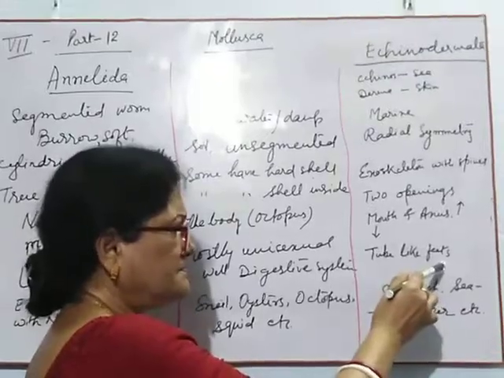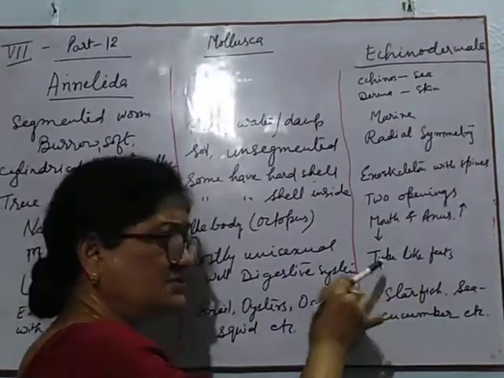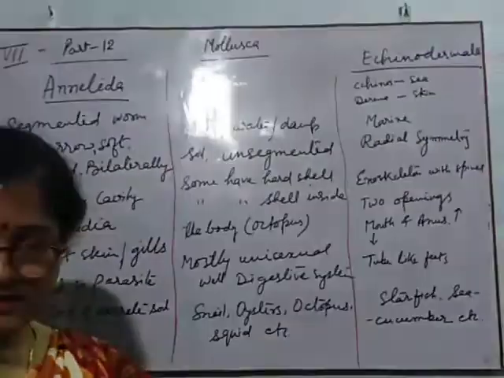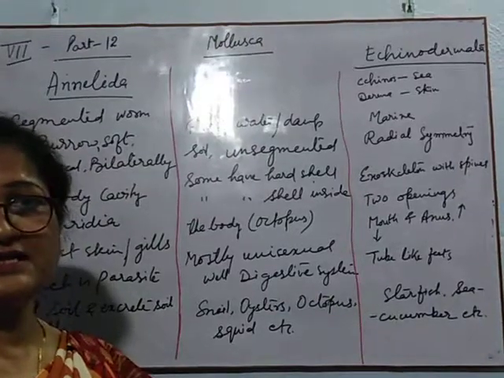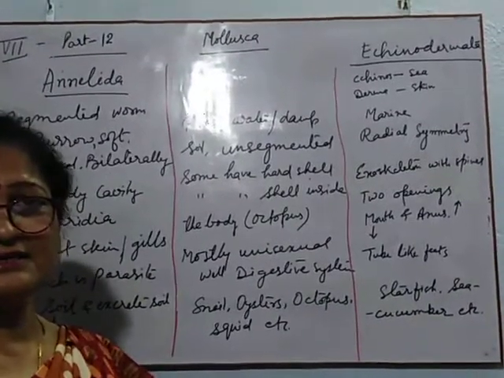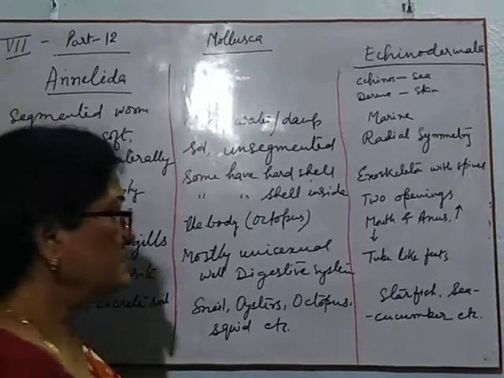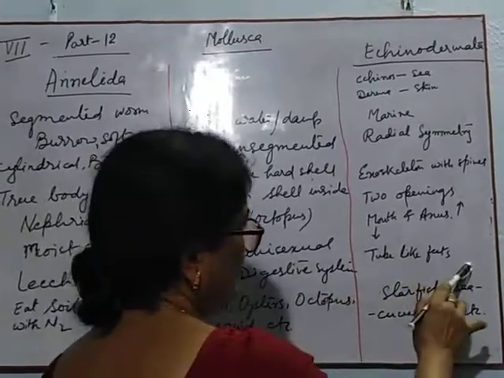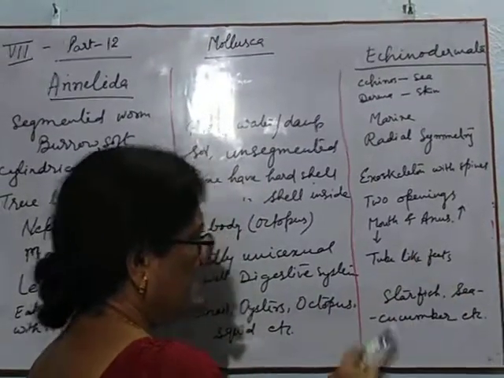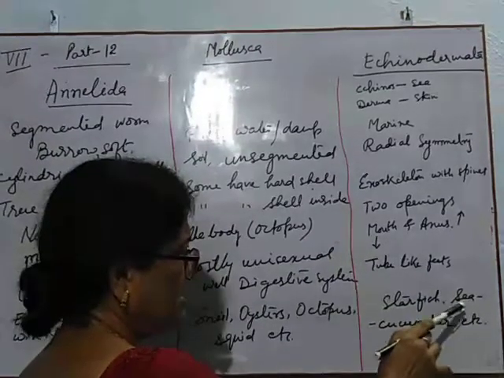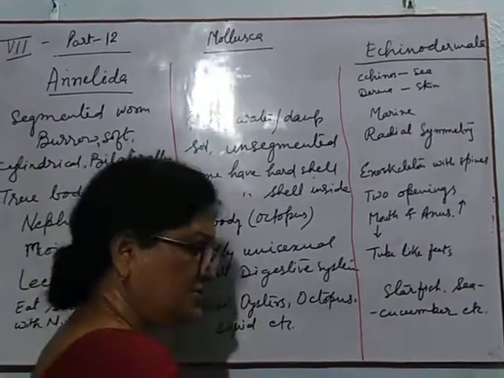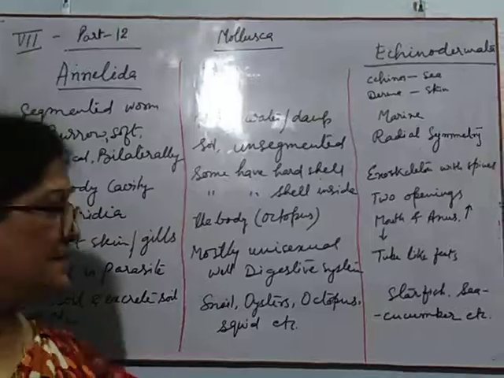With suckers, they can first paralyze the insect and then suck the nutritive material from it. So the tube feet help in three ways. For example, starfish, sea cucumber, sea urchin. So many examples are there.